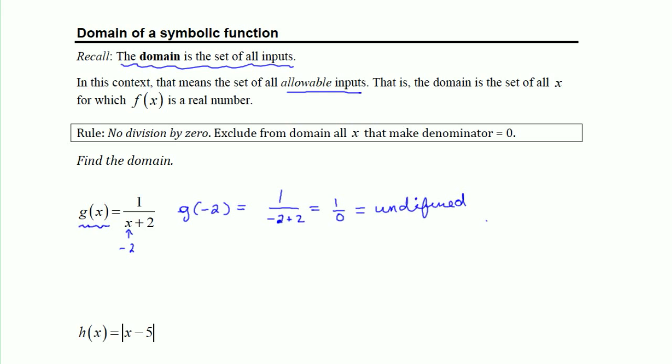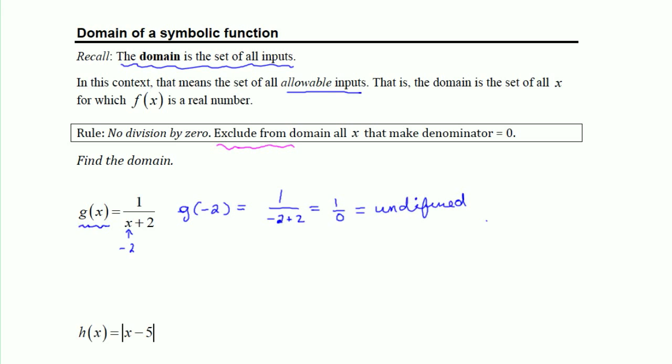So one way to see what those values are is just by imagining what might make that denominator equal to 0. However, it's not always possible to just look at the expression and see what that value is going to be, so we also want to have a process.